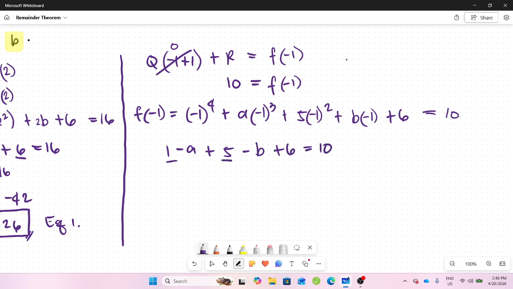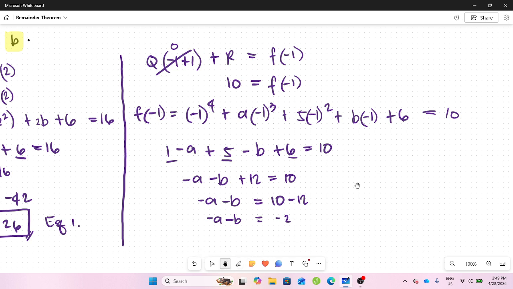Combine this one, 1 plus 5 plus 6. That's going to be 12. So I have negative a minus b plus 12 equals 10. So we have negative a minus b, transfer 12 to the right side, so this becomes 10 minus 12. Negative a, negative b is just negative 2.